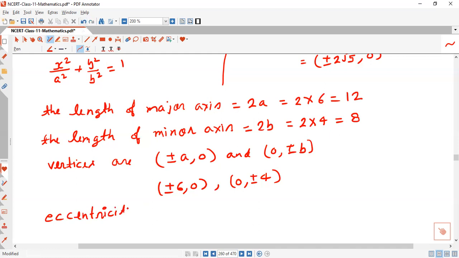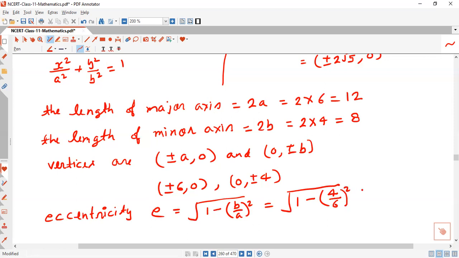Eccentricity denoted by e will be equal to under root of 1 minus b upon a whole square. This will be equal to 1 minus b is here 4, a is here 6, whole square. We say under root 1 minus 2 by 3 whole square.